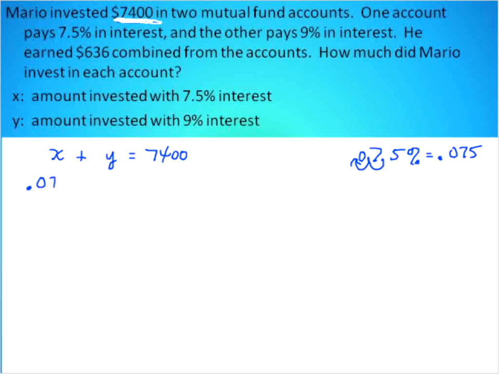So it'll be 0.075x plus, the other one is 9%. It becomes 0.09y equal to $636 because that's how much interest he made from both accounts. Now here again we have a situation where we can get rid of the decimals if we choose to.